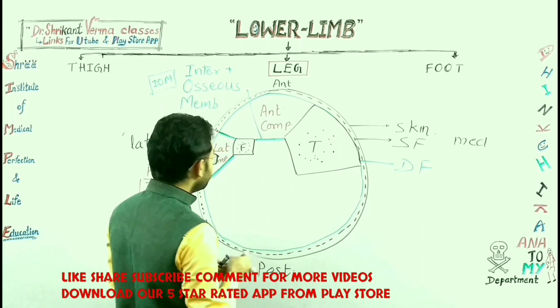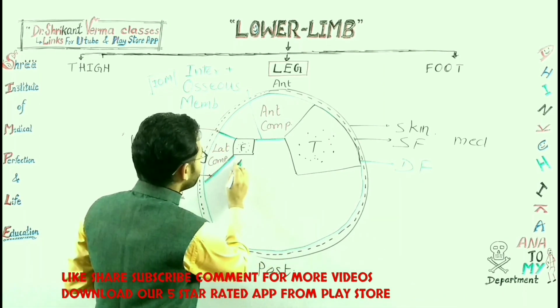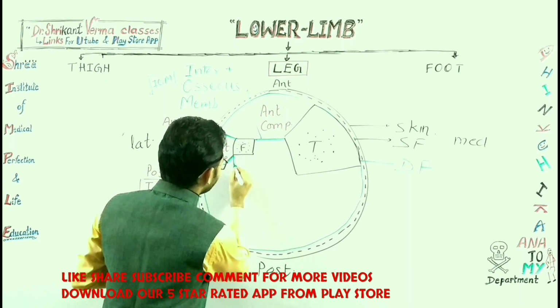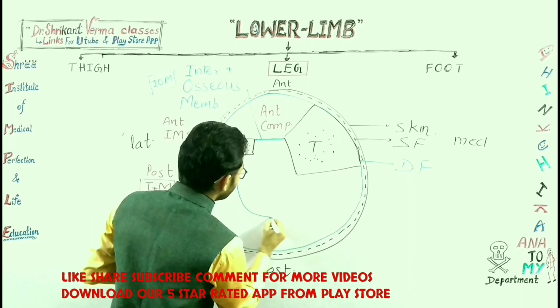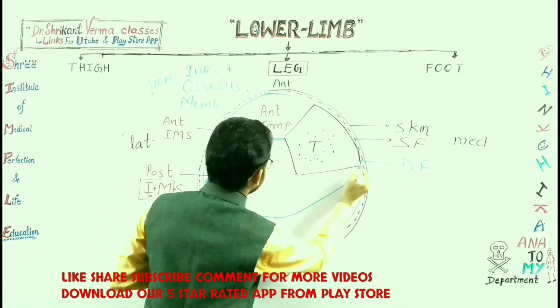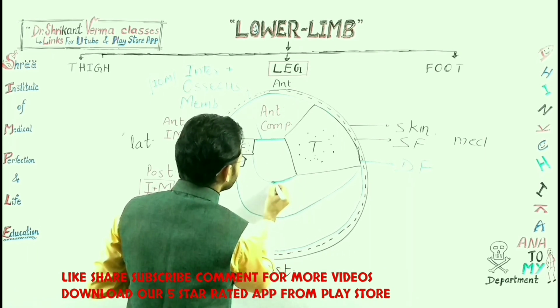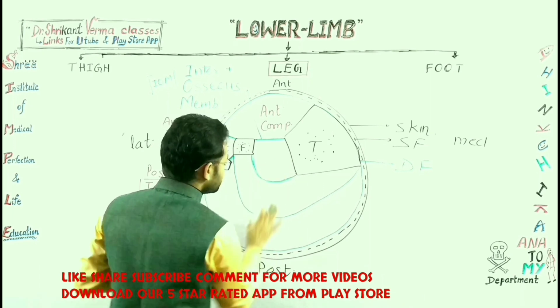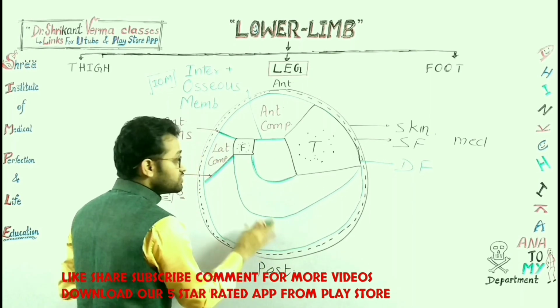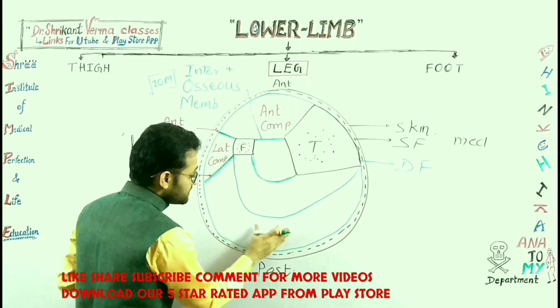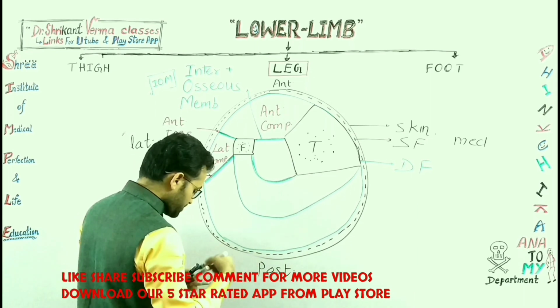What are the two compartments? Yes, they are the superficial and deep. There is one modification of the deep fascia from here up to here, and another modification of the deep fascia from fibula up to the tibia. So in this way, this large posterior compartment is divided into two main parts. What are the two main parts? This is the superficial posterior part.